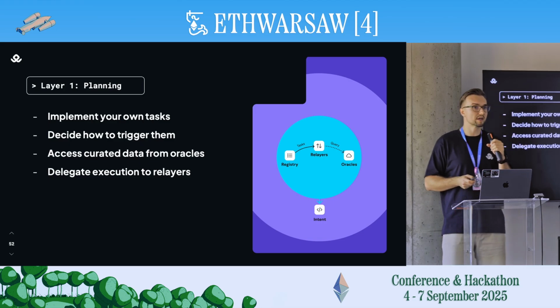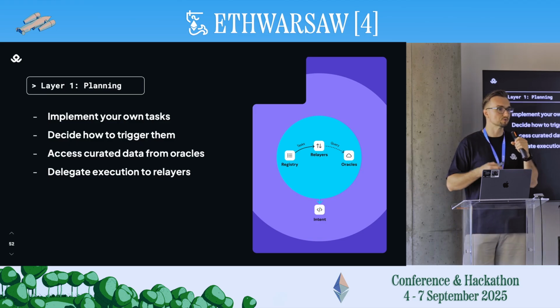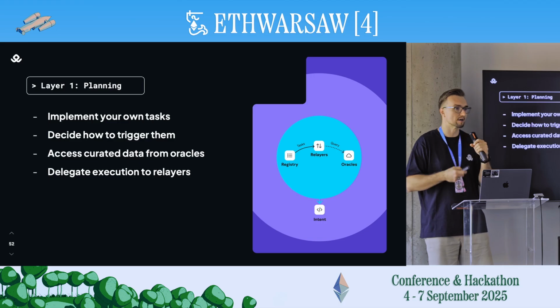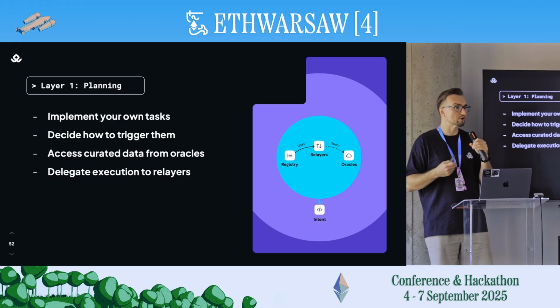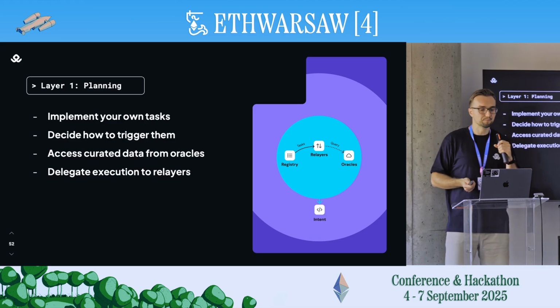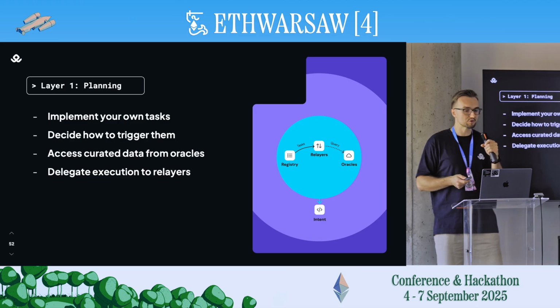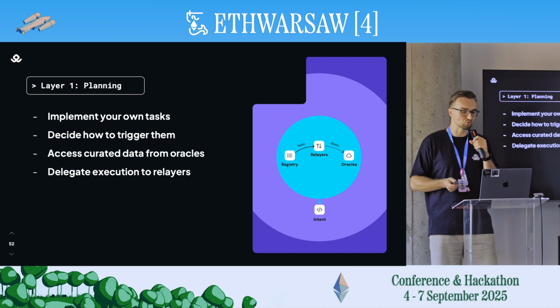The TypeScript code is getting transpiled to WASM. Soon we're going to add libraries to support Python, Rust, and other languages. You decide, you write your own logic, basically. You decide how you want to trigger them. And then you get access to curated data from oracles, and the execution is delegated to relayers.